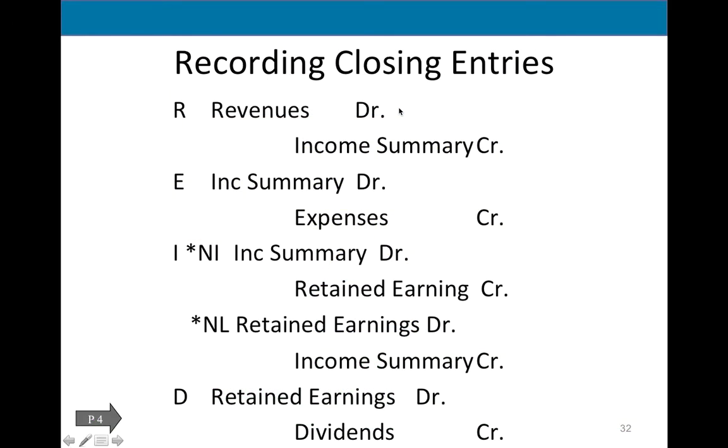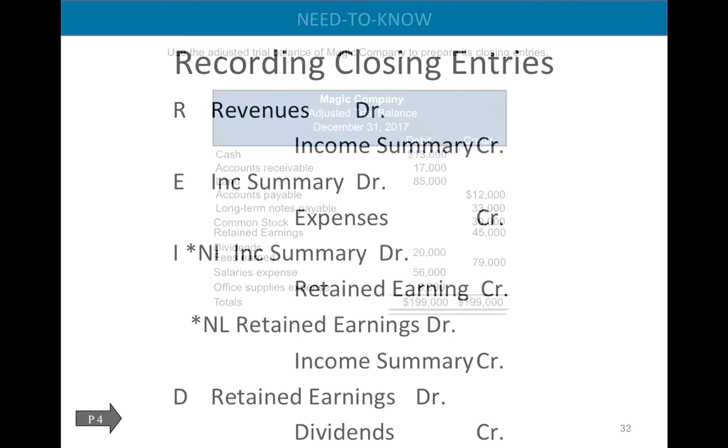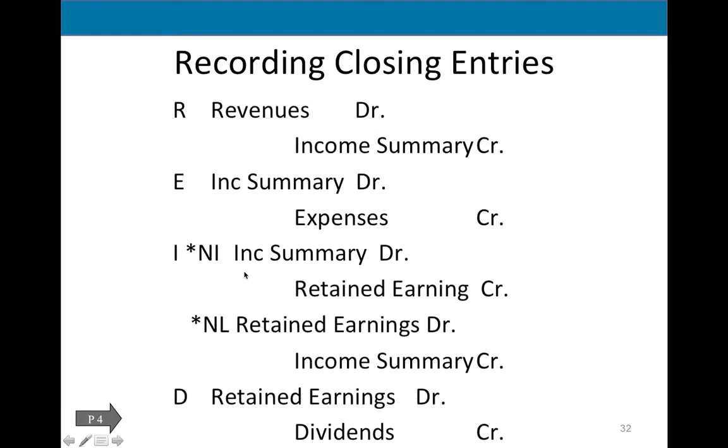So these are your journal entries. These are 4 journal entries. There are 4 steps. In the first step, you close revenues into this new account called income summary. You haven't seen it before. Second step, E, we're going to close expenses into the income summary.